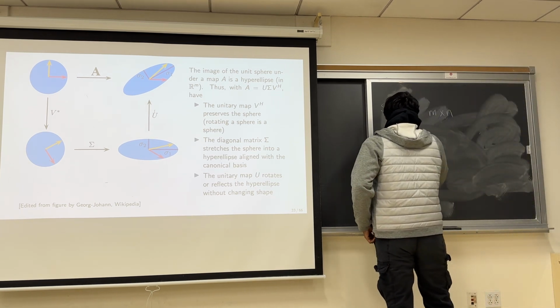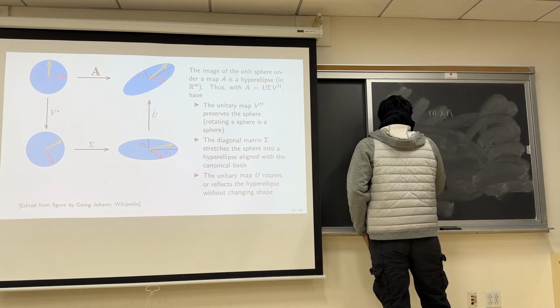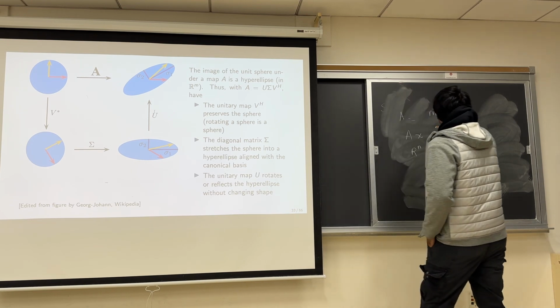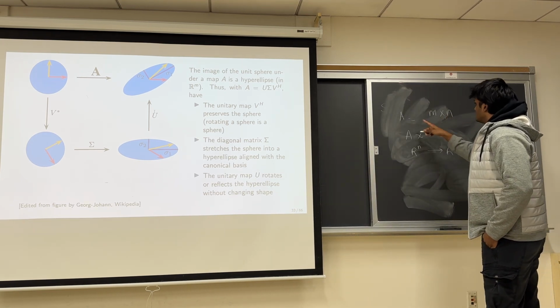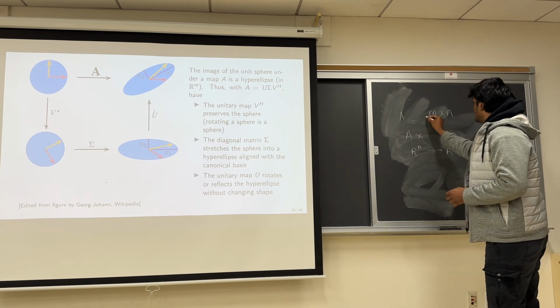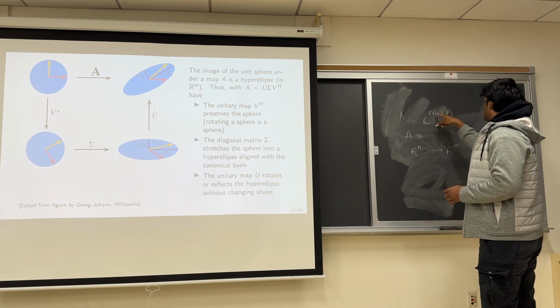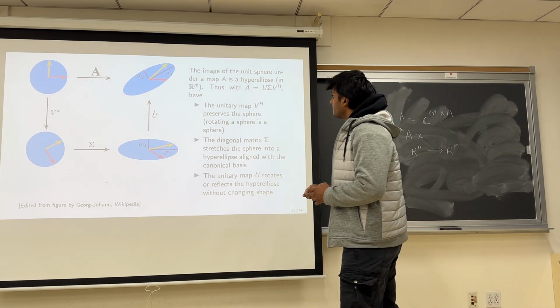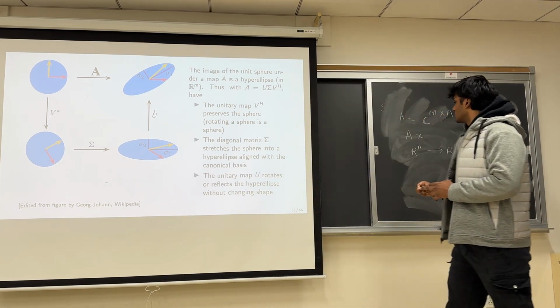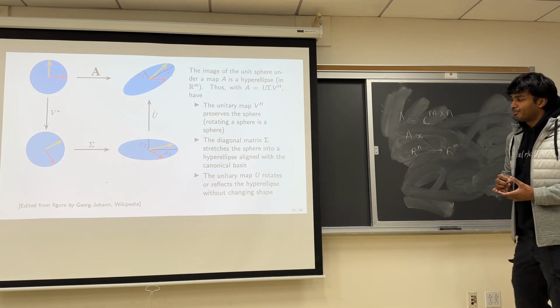That means when I apply A to some vector x, that vector is of dimension Rn, and it goes to dimension Rm. That's what this linear map A does.